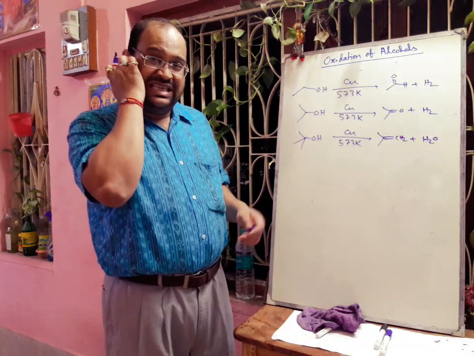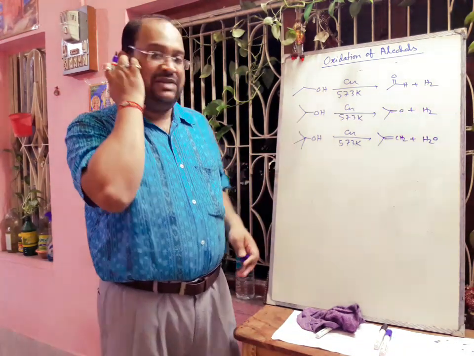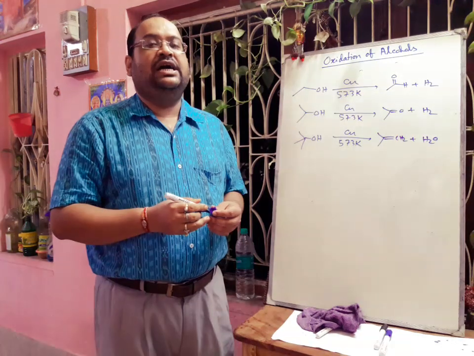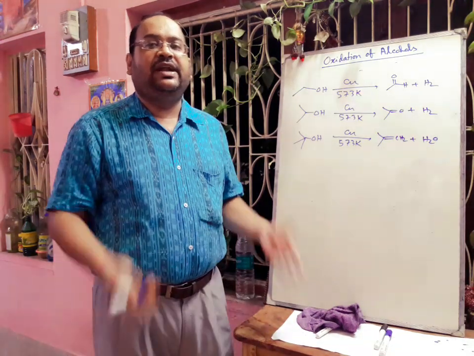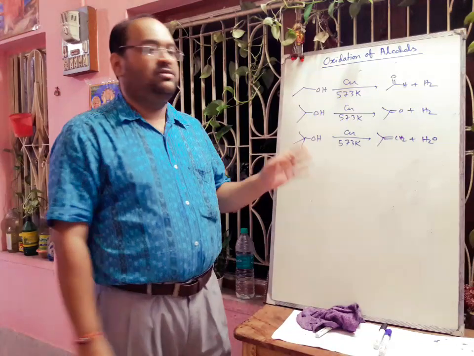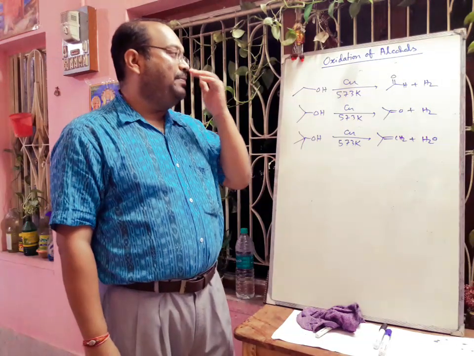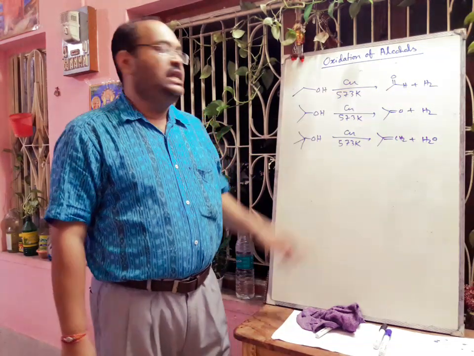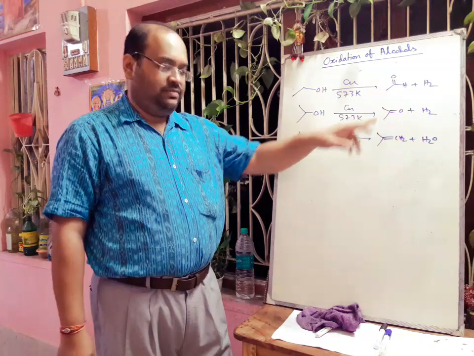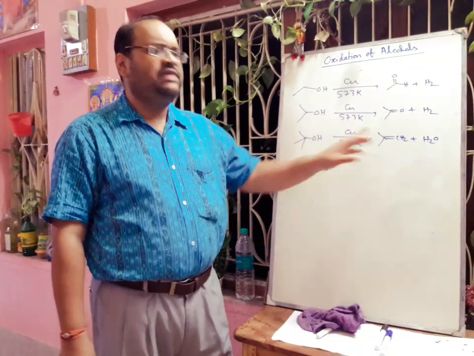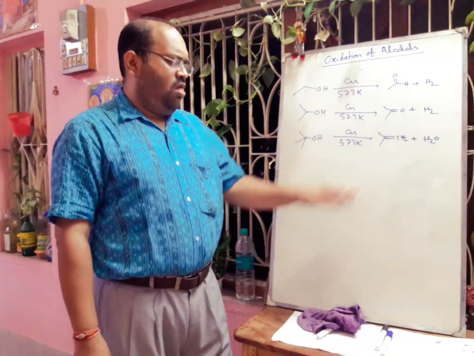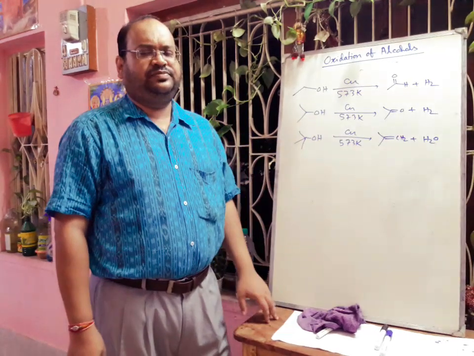Now this reaction we can use to distinguish between different types of alcohols, primary, secondary or tertiary. Primary alcohol will give aldehyde, secondary alcohol will give ketone, and tertiary alcohol will give us alkene.